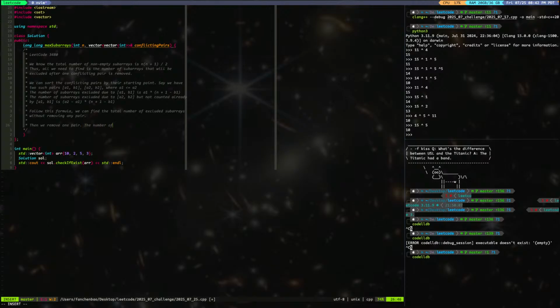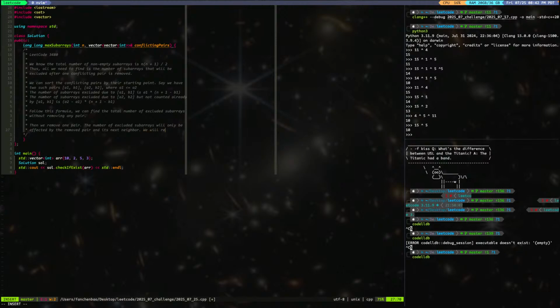The number of excluded subarrays, right, will only be affected by the removed pair and its next neighbor, right?